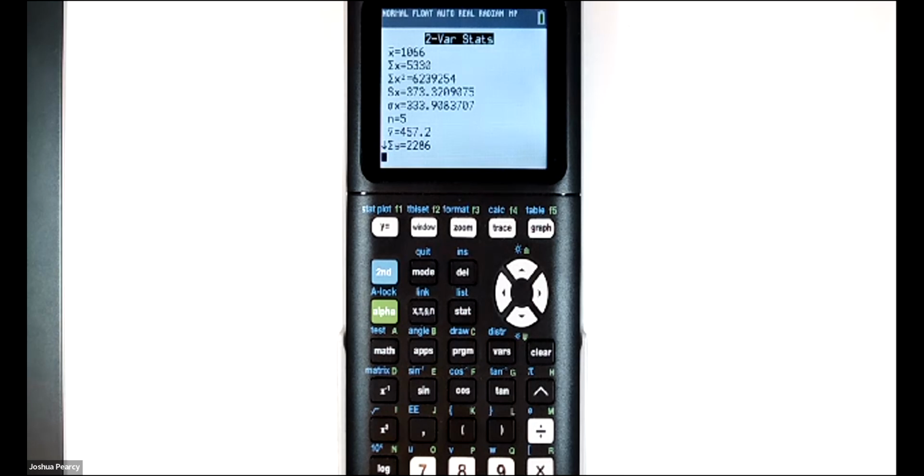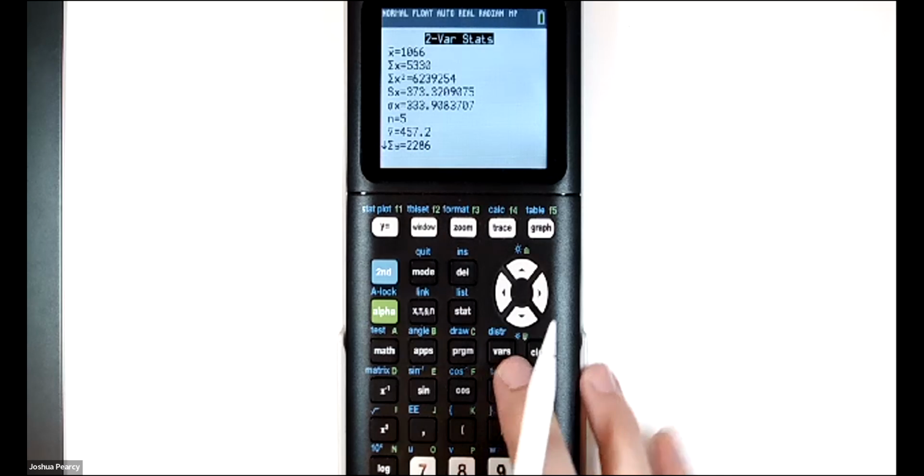I'm just using 3 decimal places because you're going to have to square it anyway. And then N1 for this one was 1, 2, 3, 4, 5.